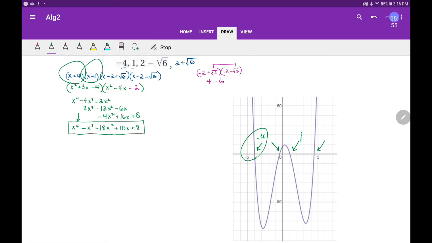And then the square root of 6, real quick, what is the square root of 6? It's about 2.5, almost 2.5. So if I say -2 plus 2.5, I'm going to get something.